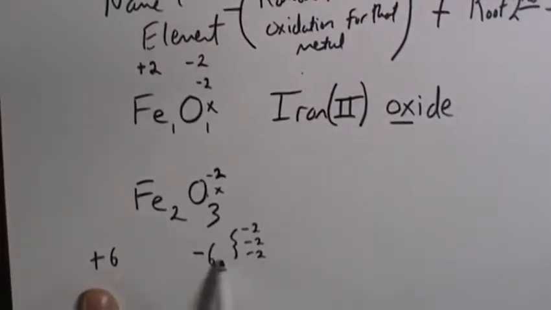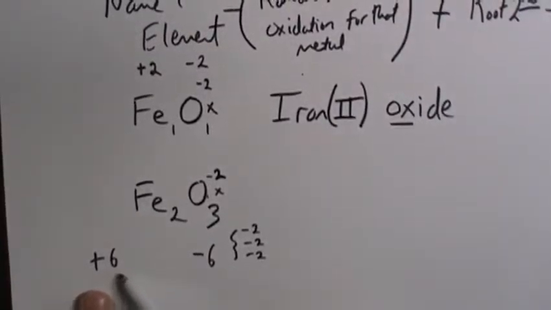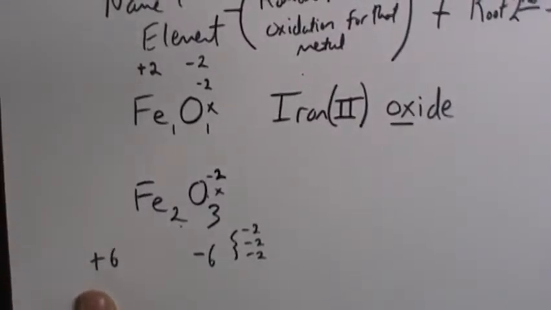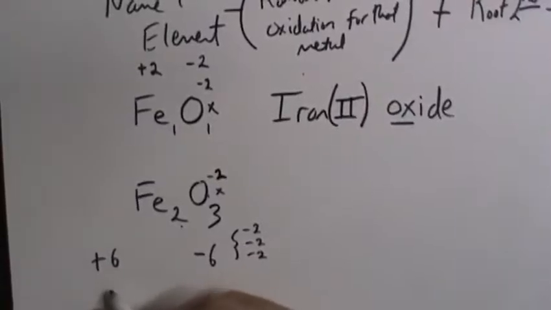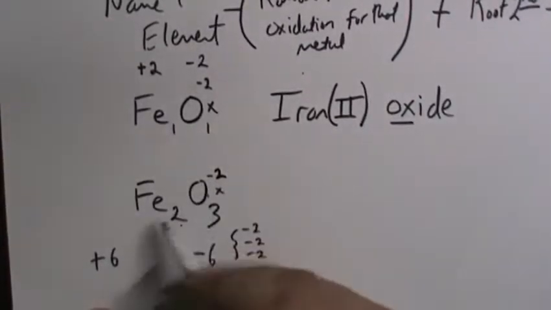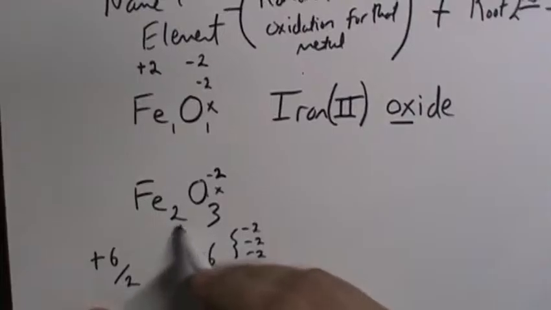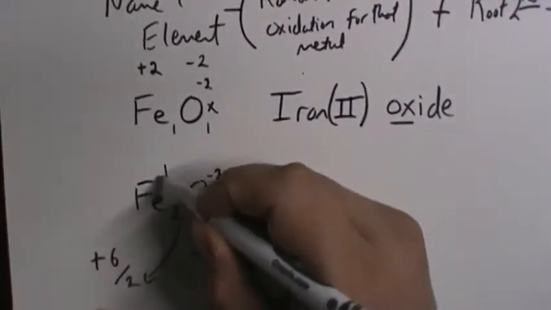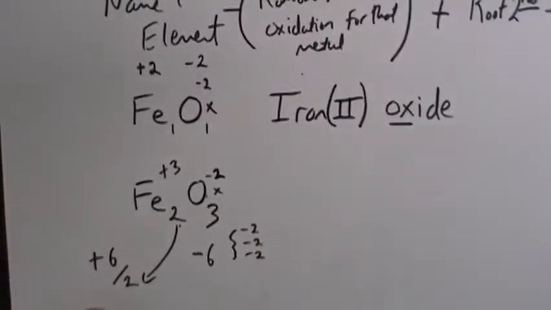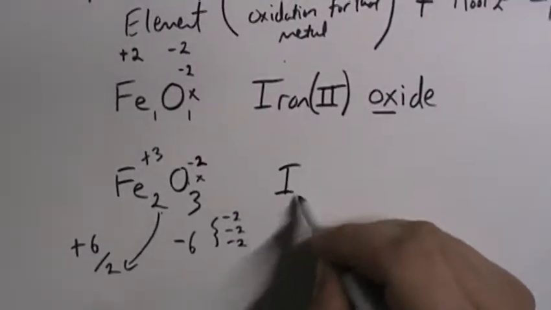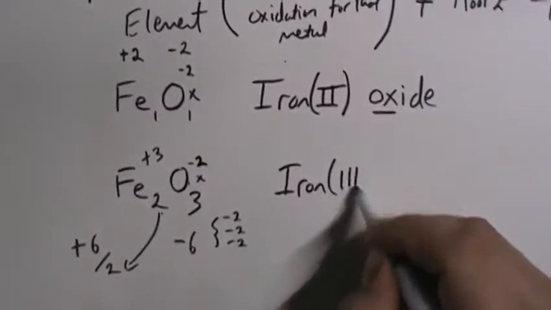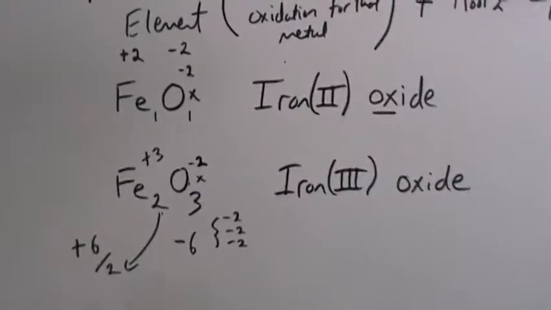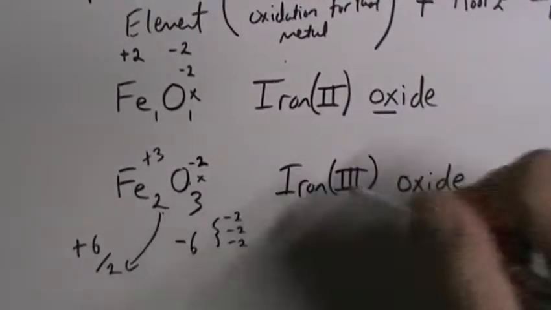That way these two add to 0. But irons, there are 2 in the formula. Okay? They can share this oxidation. So instead of it being iron with a +6, we divide this +6 by 2. And each individual atom of iron only has to have an oxidation of +3, making this iron 3 oxide. And that's all there is to determining the Roman numeral in a compound. Okay?